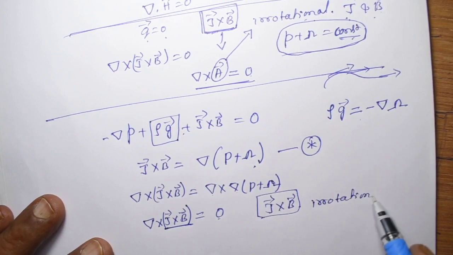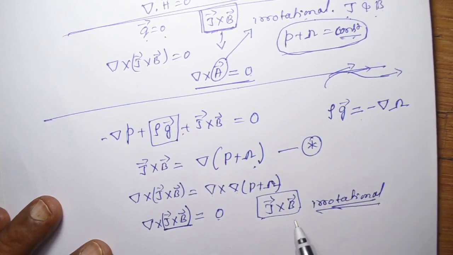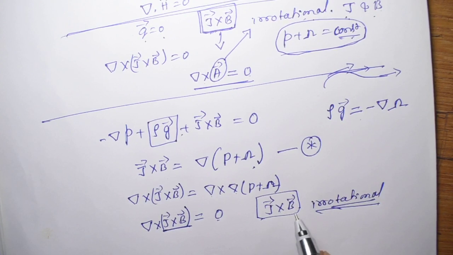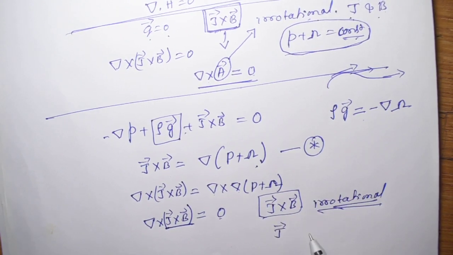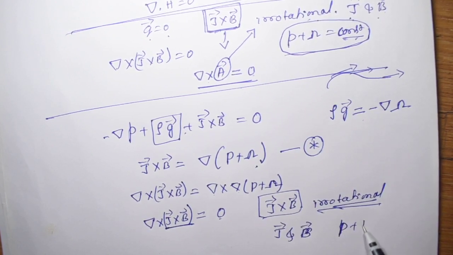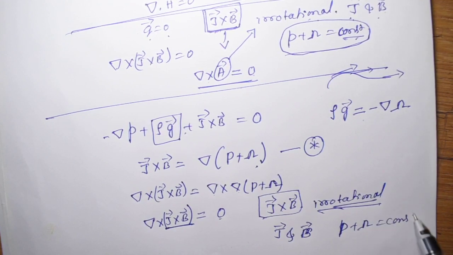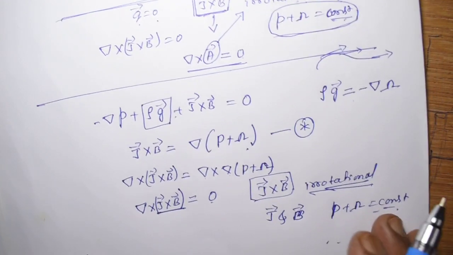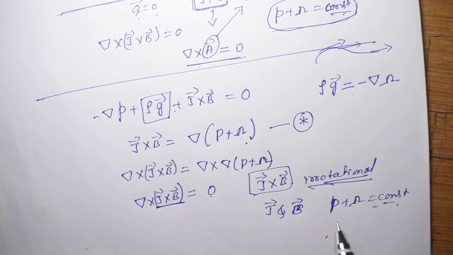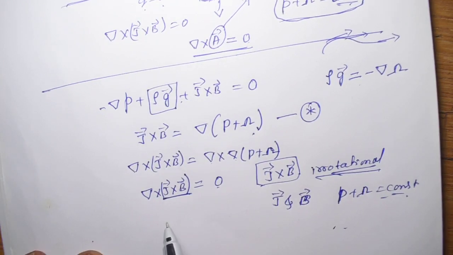Right? Now you have to prove that the current lines J and magnetic field lines B lie on the surface P plus omega is equal to constant. To prove this, again consider equation star.